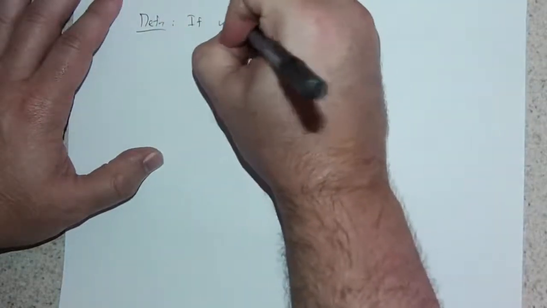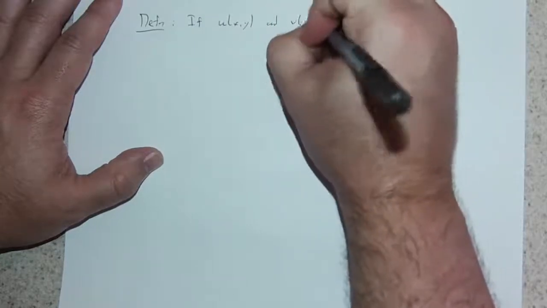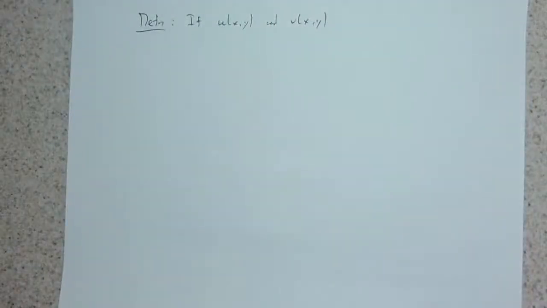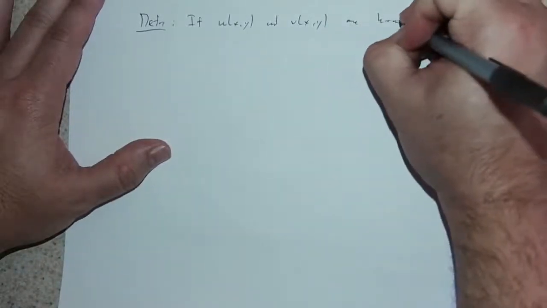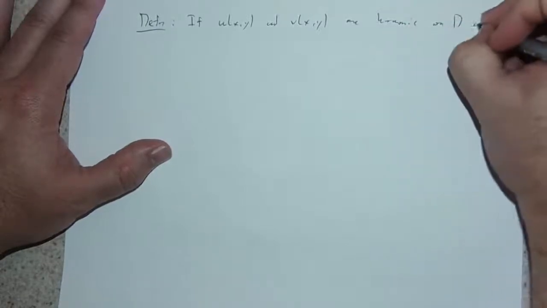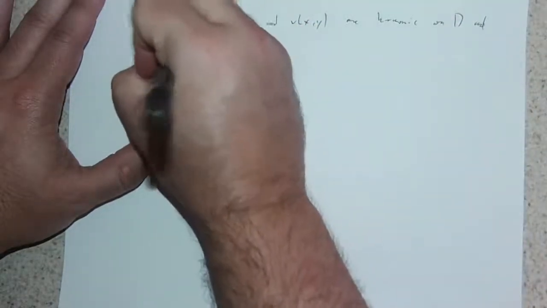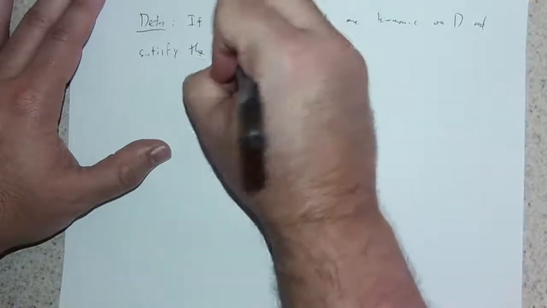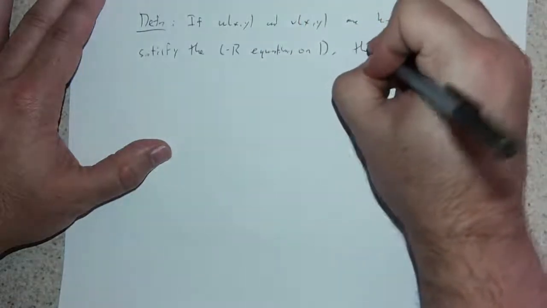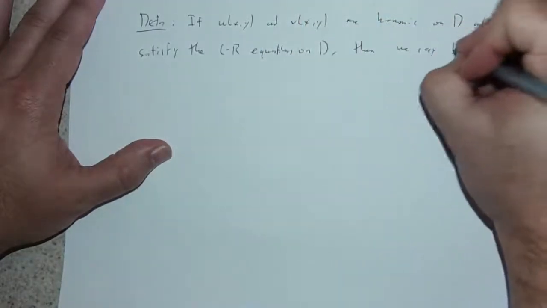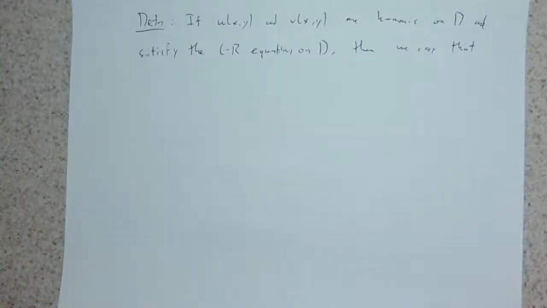So another term I wanted to define here in terms of harmonic functions. Definition: if u of x,y and v of x,y are both harmonic on D, and satisfy the Cauchy-Riemann equations on D, then we say that v is a harmonic conjugate of u.